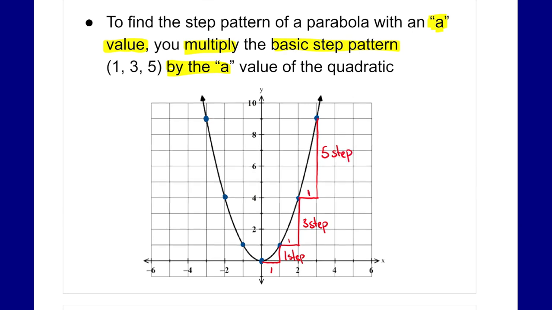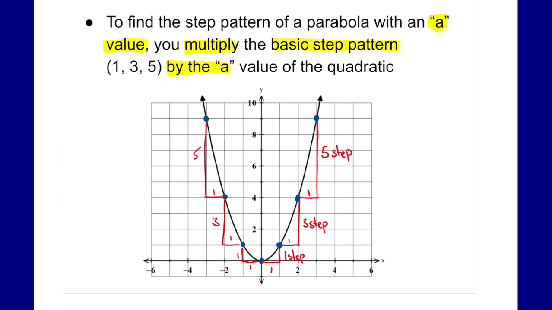So that step pattern tells us how to get the next 3 points from our vertex. Over 1, up 1, over 1, up 3, over 1, up 5. And it does repeat on the opposite side as well. 1 and 1, and then 1 and 3, and then 1 and 5.